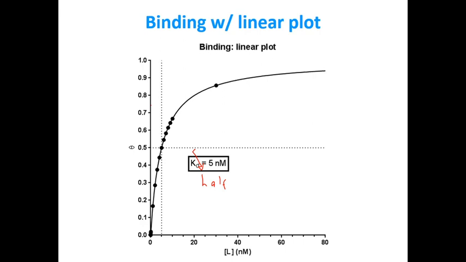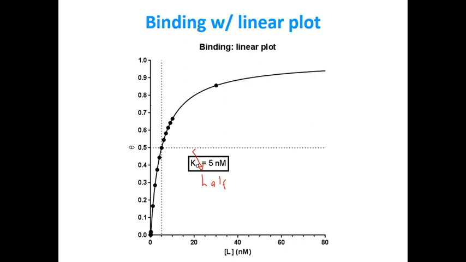The more tightly a protein binds a ligand, the lower the concentration of ligand required for half the binding sites to be occupied. And thus, the lower the value of Kd, the better the affinity of a ligand towards a protein.